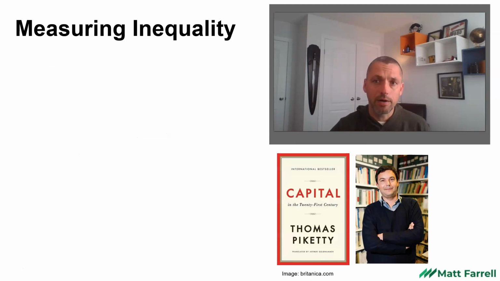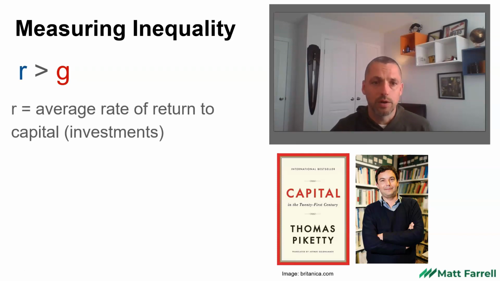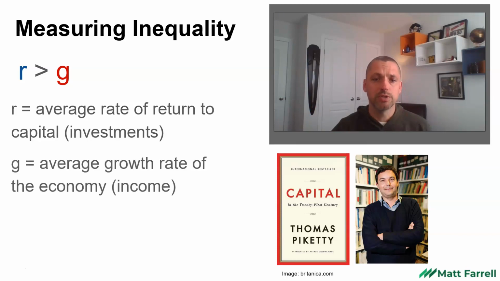Now, there are other indicators we can look at as well. In Thomas Piketty's book, Capital in the 21st Century, one of the things he looked at was comparing R versus G. What does that mean? Well, R in his model referred to the average rate of return to capital. And when you hear that, think of investments, the money you can make from wealth that's invested. That was R. And he found that R was greater than what he called G, and G was the average growth rate of the economy. Think output and income.